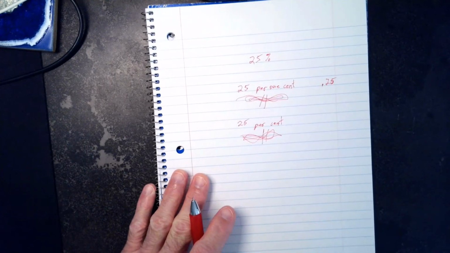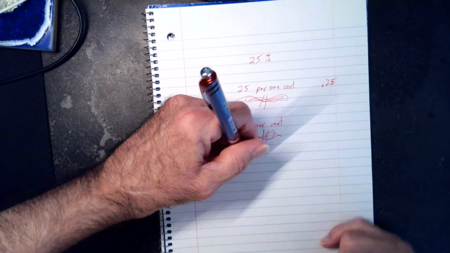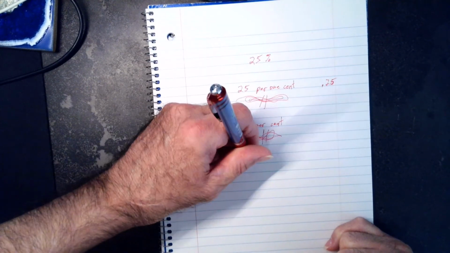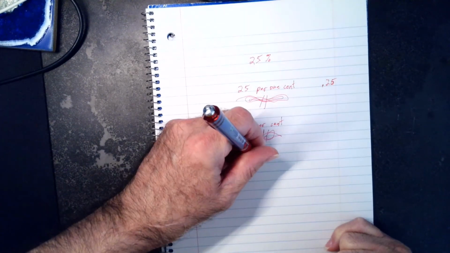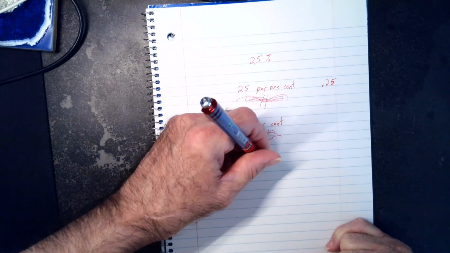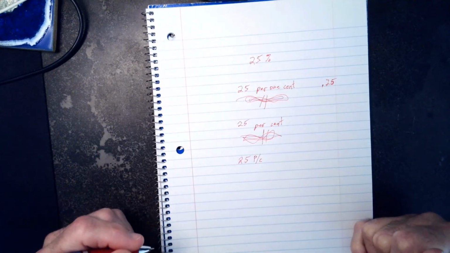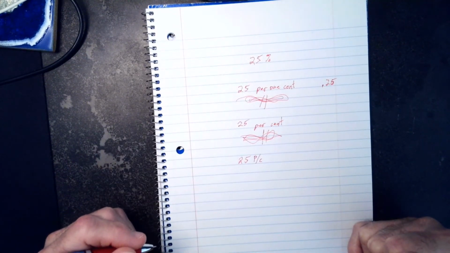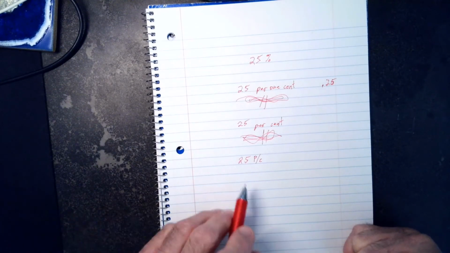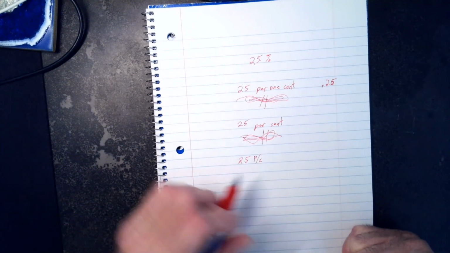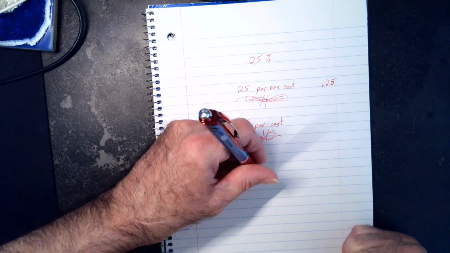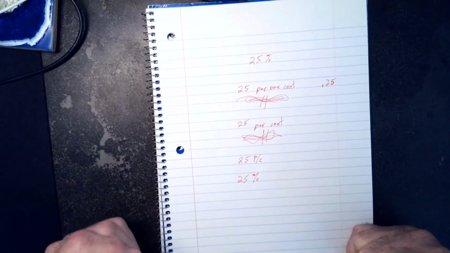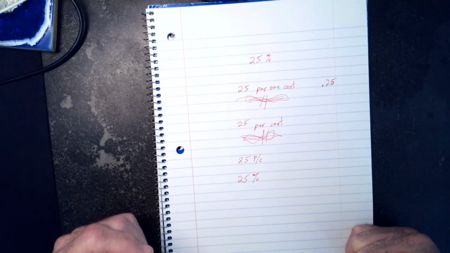And then they shortened it even further, couple hundred years maybe, I don't know how long it takes, and it became 25 per cent. Is that starting to look a little familiar now? 25%. And so it becomes 25%. That is the origin of percent.